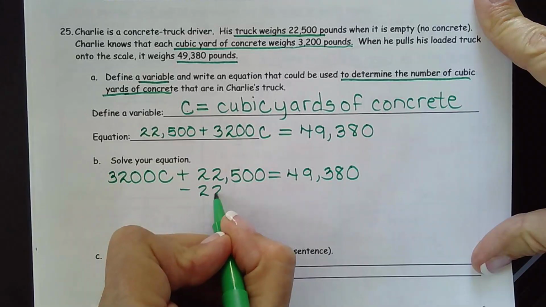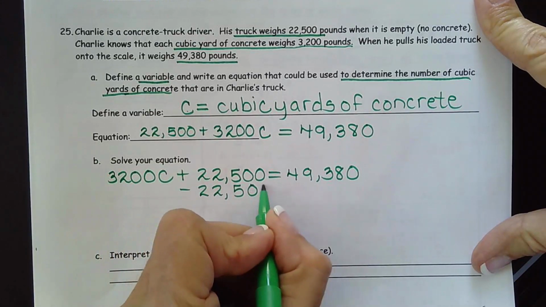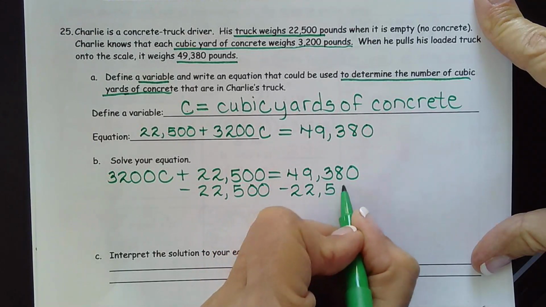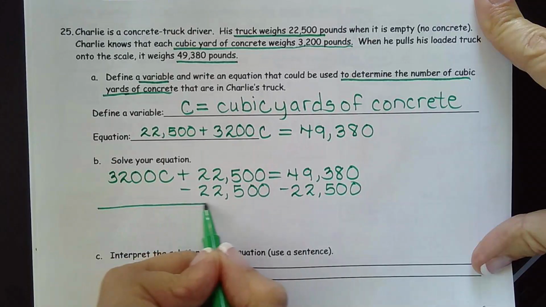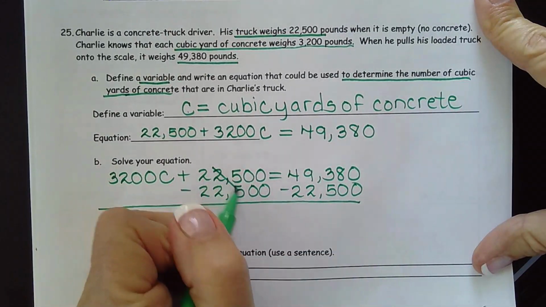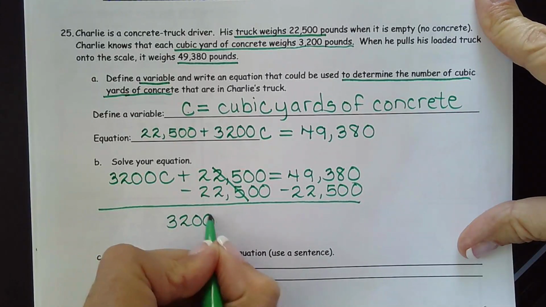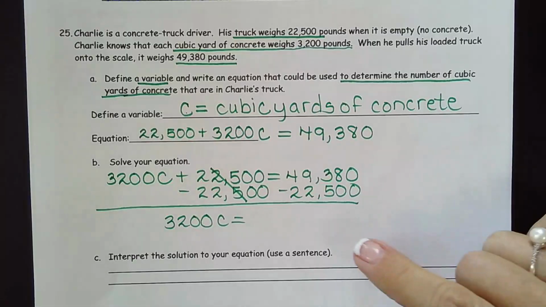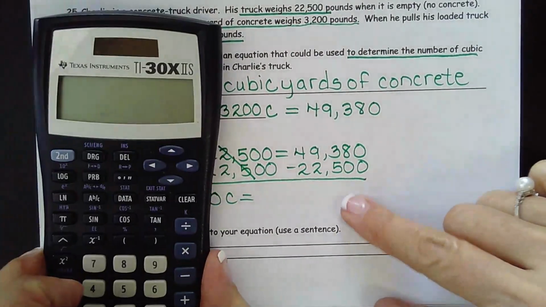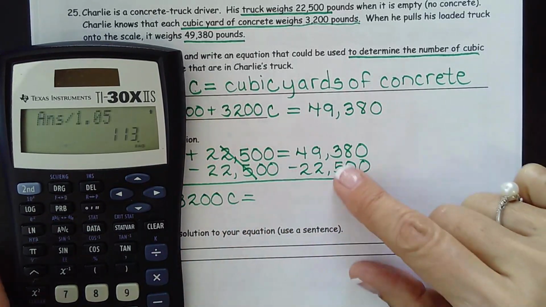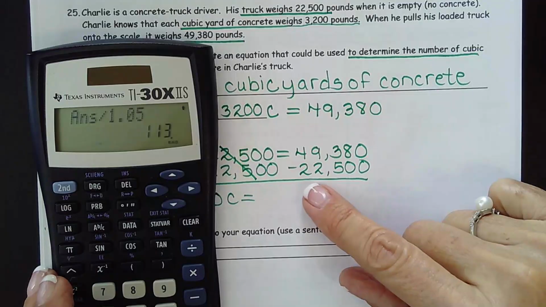Subtract 22,500 to get all the non-variables to the right. And so we have 3,200C equals, and we could do that by hand, but we got to divide by 3,200 on the next step anyway, so why not just plug it in?